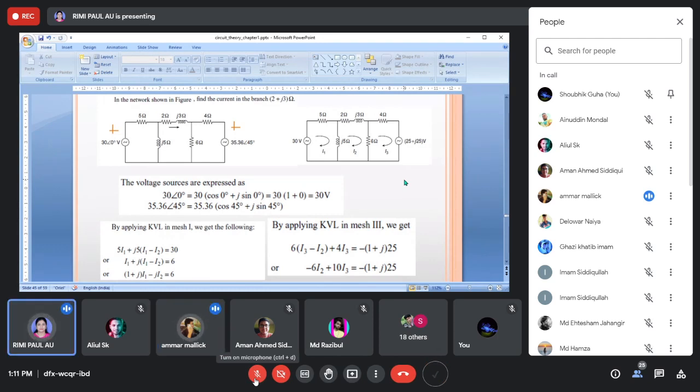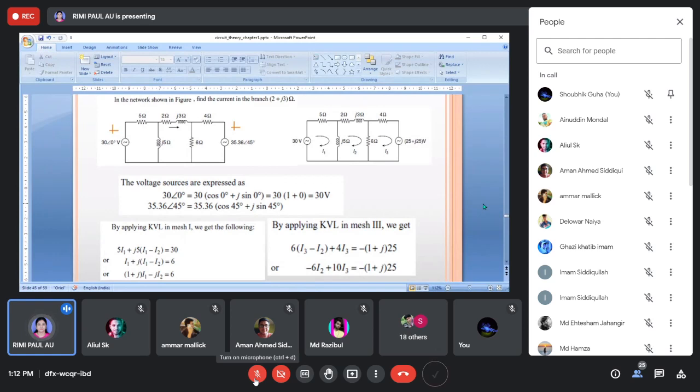Okay, now I see, your network is in a village. So just tell me the I3 equation. Whatever you can understand, just tell me as per your knowledge what the I3 mesh equation should be. Tell me.